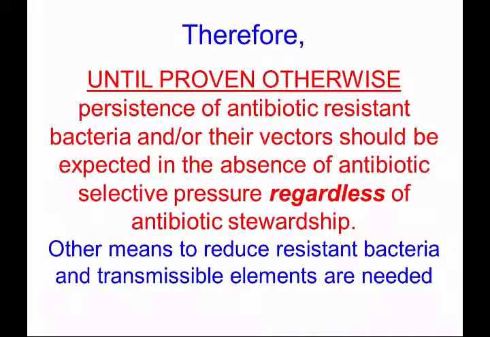But it's important to note that until proven otherwise, the persistence of antibiotic-resistant bacteria or these transmissible elements should be expected even when there are no antibiotics, and that this will not be resolved by good antibiotic stewardship in veterinary or human medicine. Therefore, we need to increase our understanding of the biology of resistance, and until we understand this properly, find other means to reduce resistant bacteria.